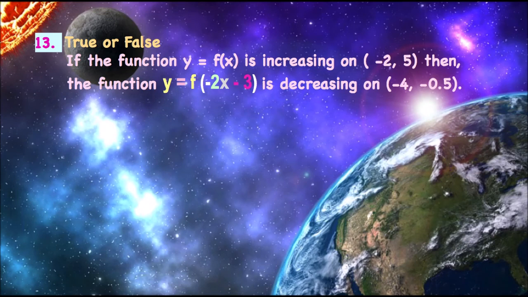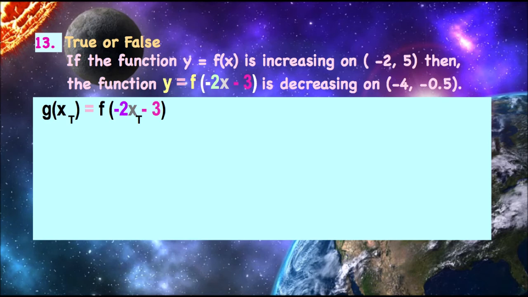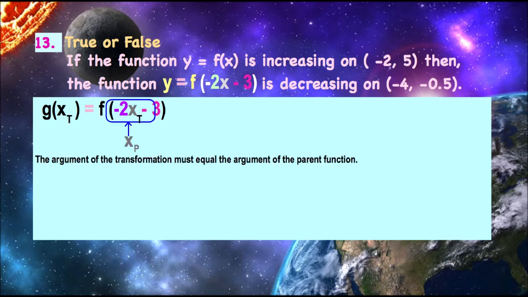Question 13. True or false? If the function y equals f of x is increasing on the open interval (-2, 5), then the function y equals f of -2x minus 3 is decreasing on the open interval (-4, -0.5). g of x transformation equals f of -2x transformation minus 3.